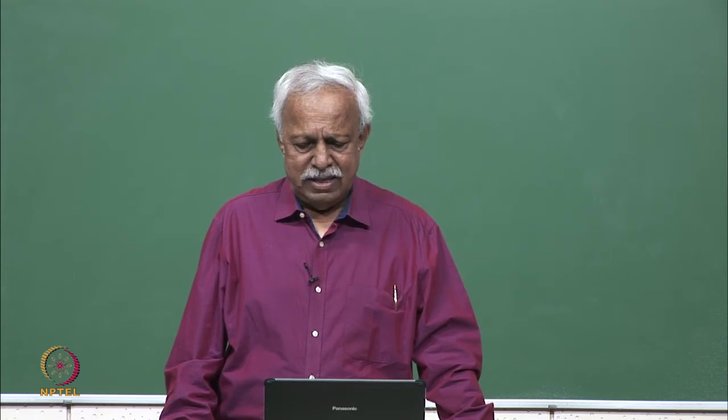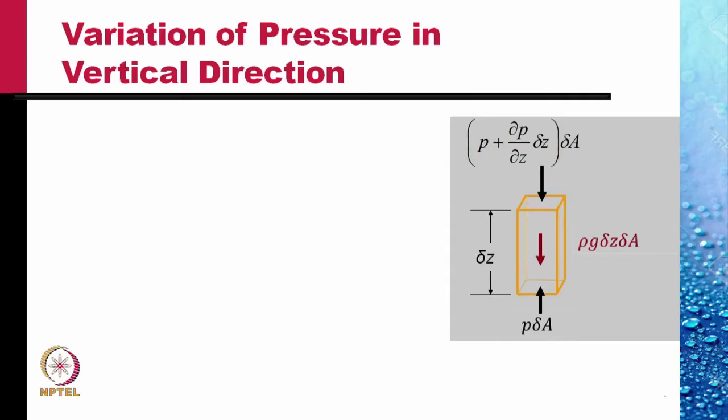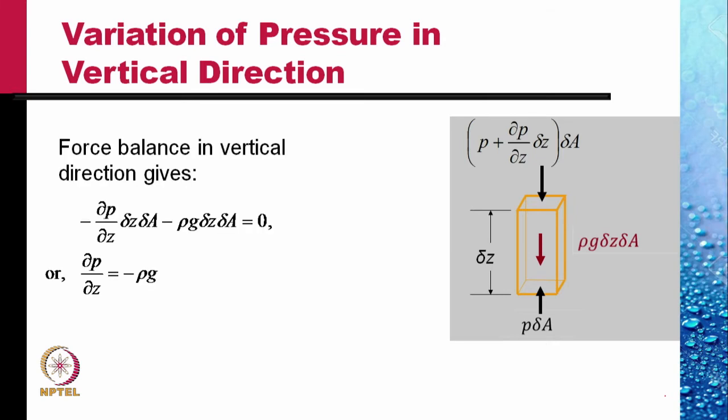So the total force on this fluid element because of weight in the vertical direction is rho g delta Z delta A. If the fluid is stationary, then the vertical force balance gives us delta P by delta Z is equal to minus rho g.